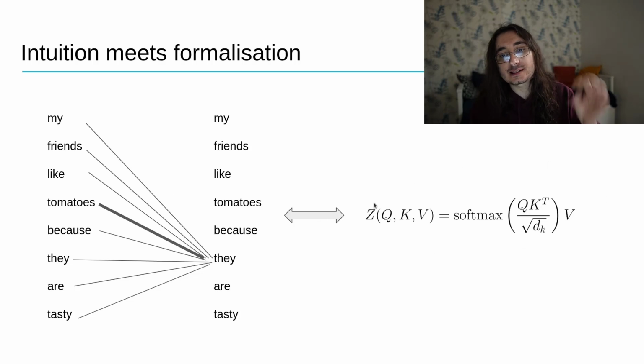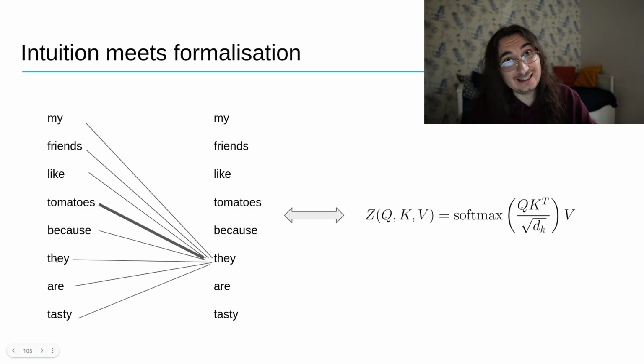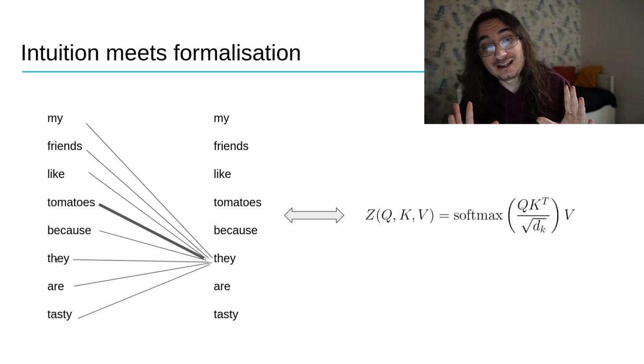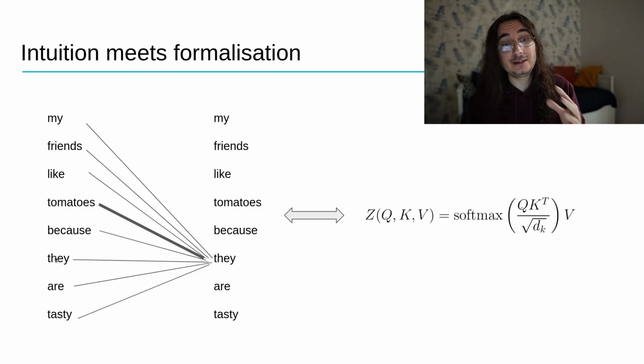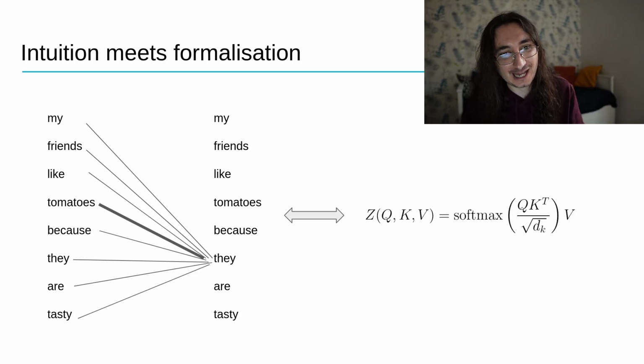In other words, this monster formula that we have here on the right-hand side and that we saw quite in detail is the formalization of this intuitive process that we've had, understanding how each word in the query connects to all the other items in the keys. So yeah, this is quite complex, but I think you should have a good understanding of it now, because we've gone through it quite slowly and step by step.